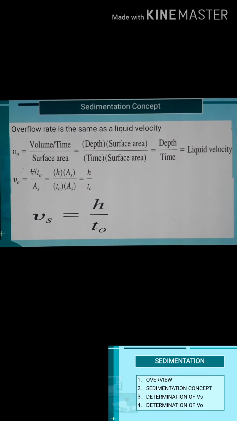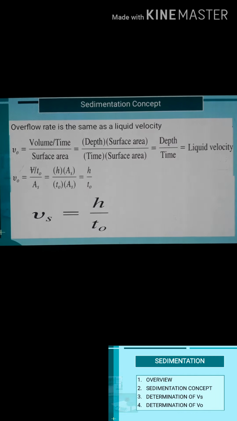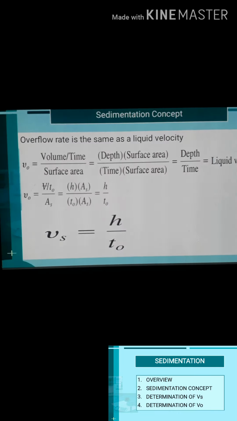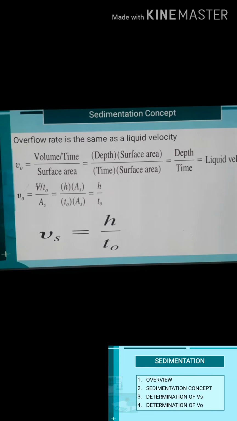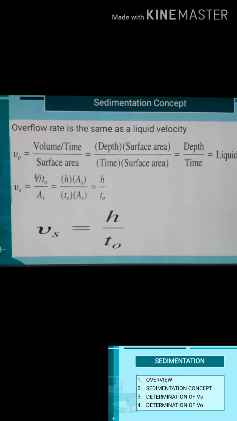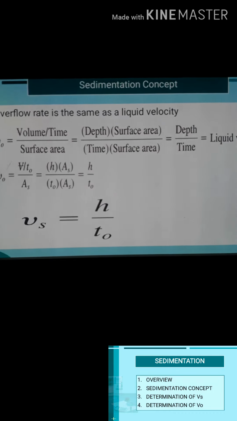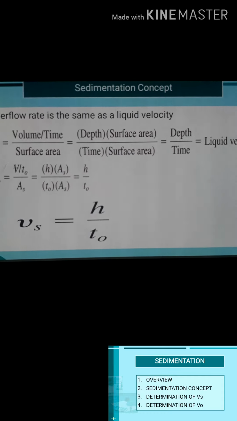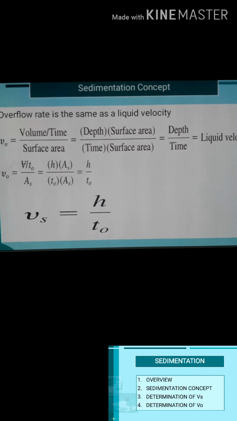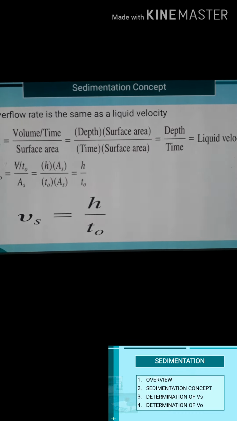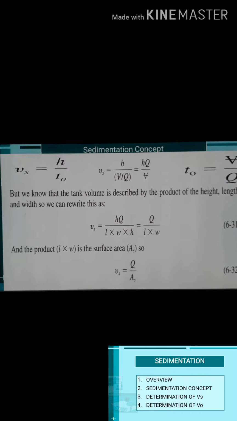V sub O is also equal to the volume of the tank divided by the detention time over A sub S, which is also equal to H times A sub S over detention time times A sub S, which is also equal to H over T sub O, or our detention time. While our V sub S is equal to H over T sub O, our detention.